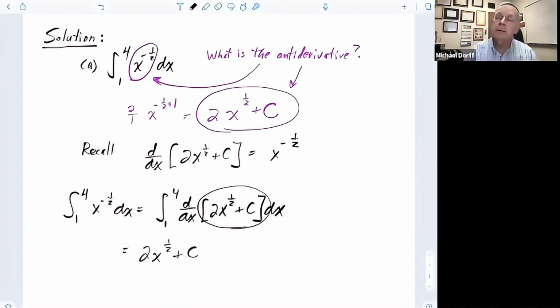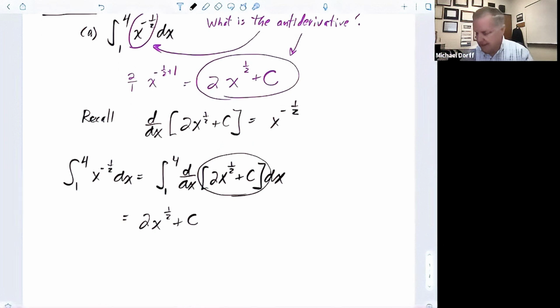When we looked at the fundamental theorem of calculus part 1 in the previous section, we were doing derivatives of integrals, and they undid each other. Here, we're writing the integrand as the derivative of an antiderivative. So we have an integral with a derivative, they undo each other, and we get this.